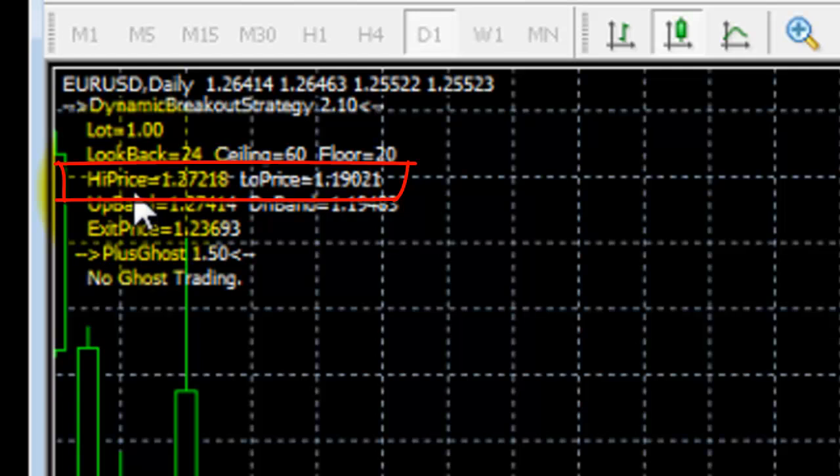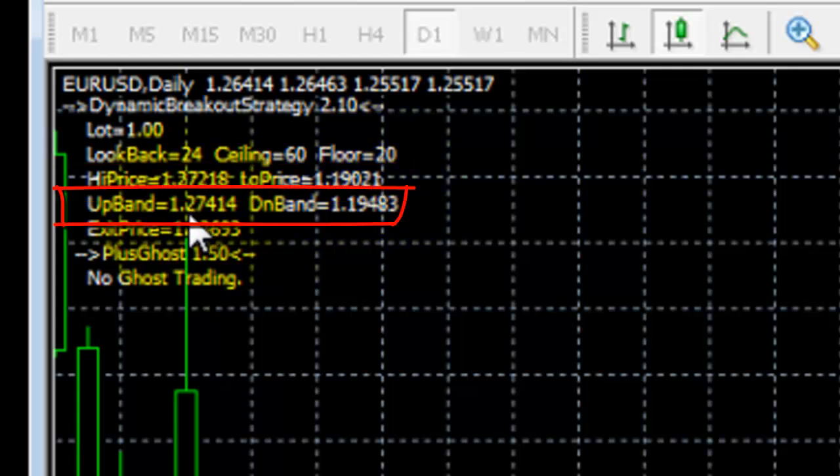The high price is the highest high of N bars, which is 1.27218. The low price is calculated by finding the lowest low of N bars, which is 1.19021.